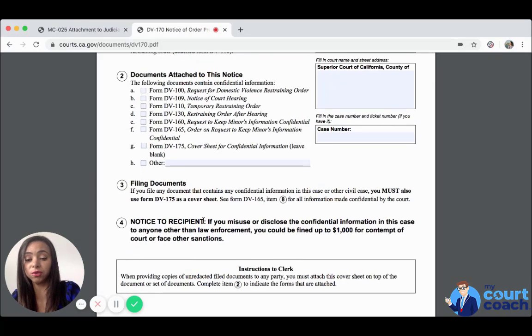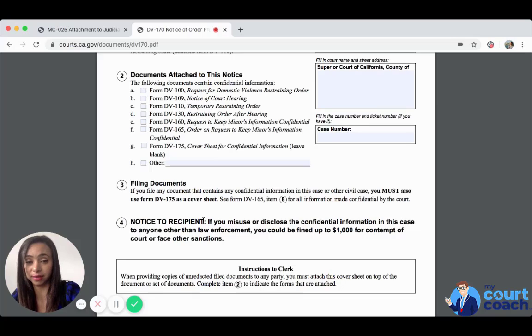So in the future, when you file any documents that contains any confidential information in this case or any other civil case relating to the minor child, then you must also use the DV-175, which we've now given them a blank copy of. And they have to see Form DV-165, which is the order that they will also have a copy of, for all information made confidential by the court.